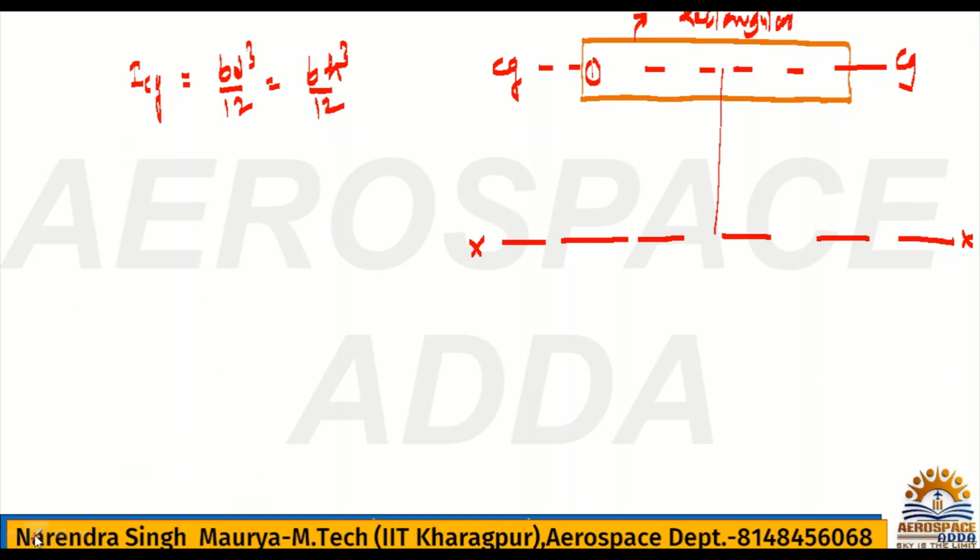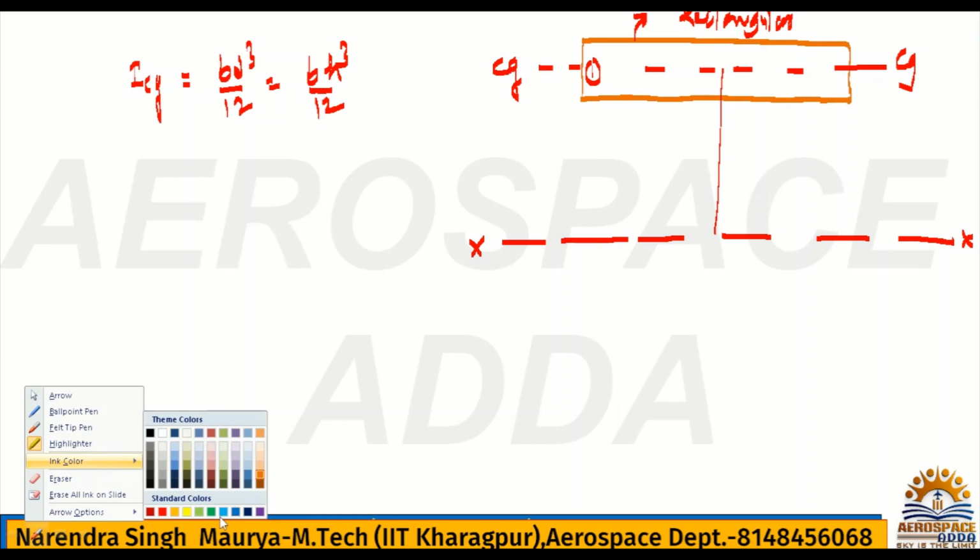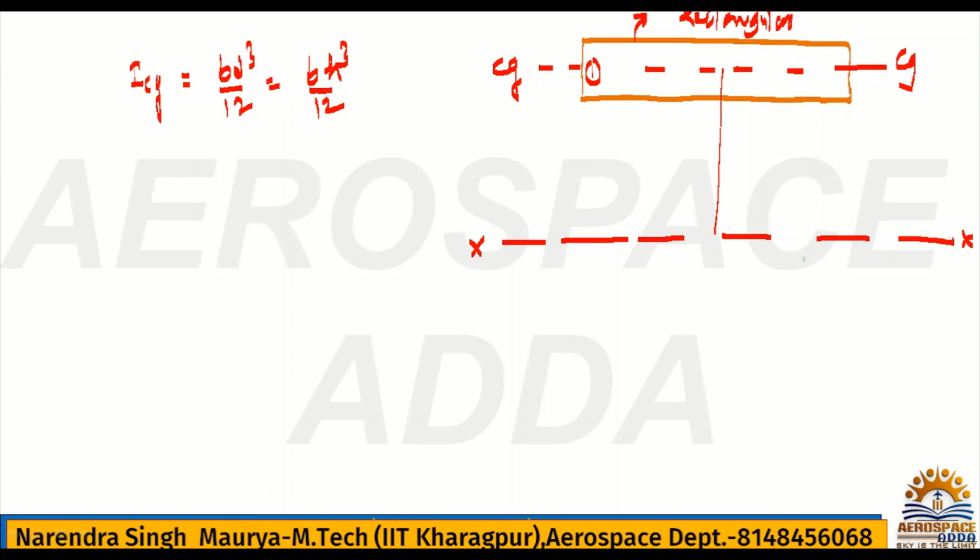But I'm not asking about the CG. I'm asking about this x-axis. So if you are calculating about this x-axis, you have to use the parallel axis theorem. Last class I had explained it. If the axis is passing through the CG, and for that axis you are calculating moment of inertia, the direct formula for a rectangle is bh cube by 12.